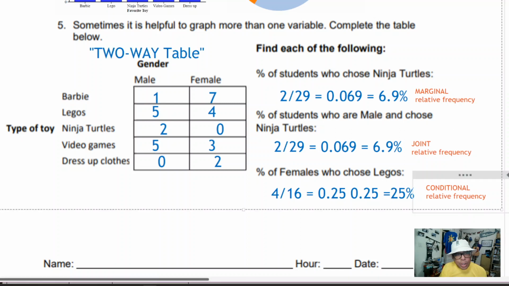And I don't think I mentioned it earlier, but we might as well mention it now. This type of table is called a two-way table. And it's 2 ways because we're looking at the data from the type of toy that's favored and from the gender. So we have 2 different variables. It's a two-way table.